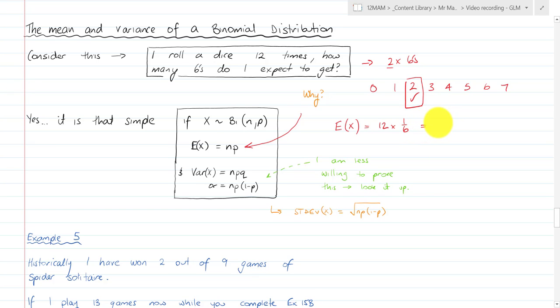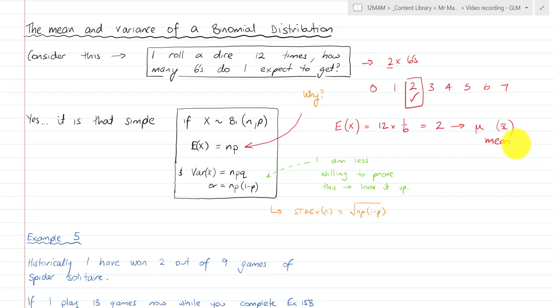That will give us an expected value of 2. Our expected value is also called mu, or maybe x bar, and it's our mean value. So you'll see it referred to as the mean. The expected value is np, and it's the mean, what we should get on average.